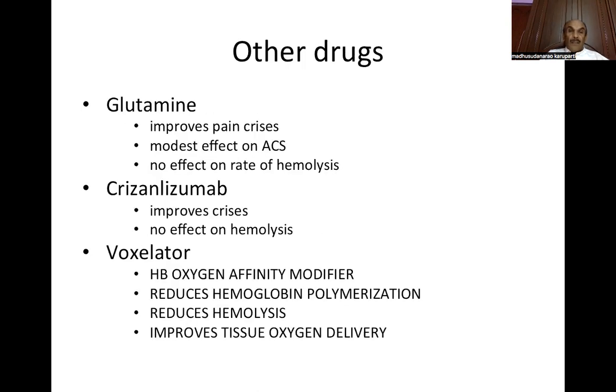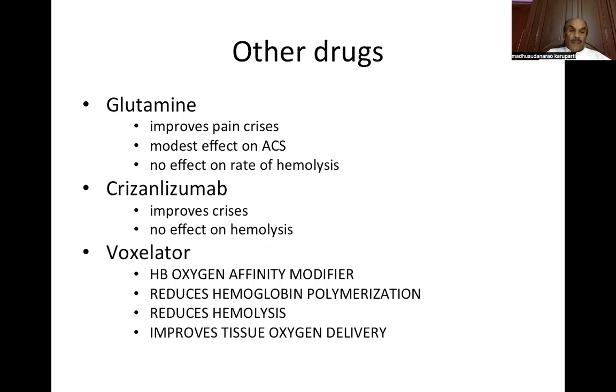So other drugs that are used in the medical management of sickle cell disease are glutamine, which improves pain crisis, with a modest effect on the acute chest syndrome and no effect on rate of hemolysis. In the same way, crizanlizumab has no effect on hemolysis, but improves crisis.